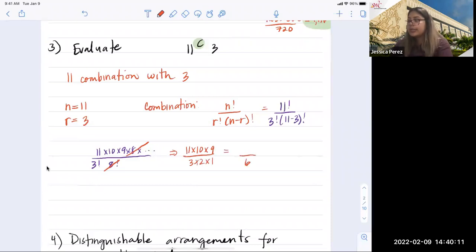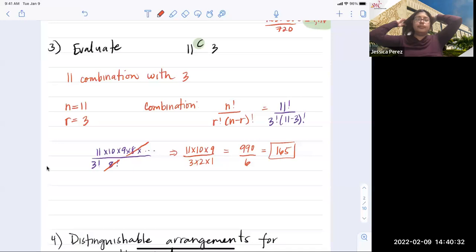Here I get 6 on the bottom, and on the top, 11 times 10 times 9 is 990. That's why you have your calculator, nice and useful. 990 divided by 6, you get 165. Those are the combinations when you do a combination of 11, taking 3 things at a time.